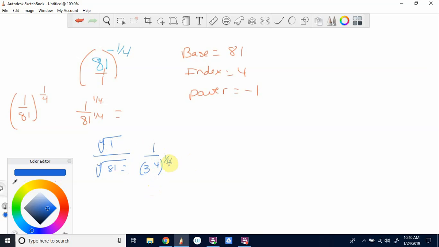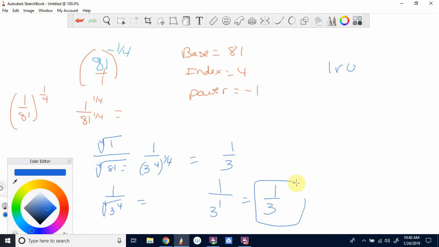Oh, we can do it that way. We've got the power, we can multiply it, and we get 1 over 3. Or a better way of looking at this for right now is the 4th root of 3 to the 4th. So 4 divided by 4 is 1, remainder 0. So I take out a 3 to the 1st, I leave nothing in, which I get 1/3 is my answer.